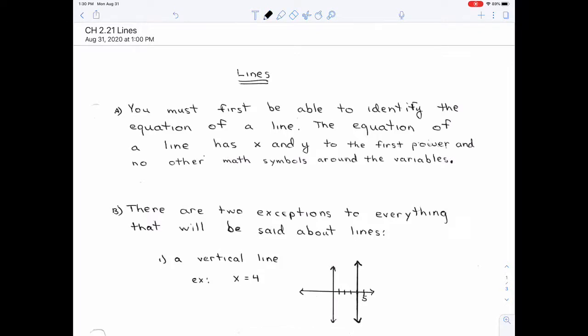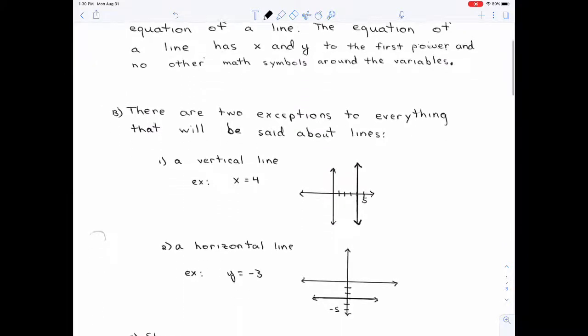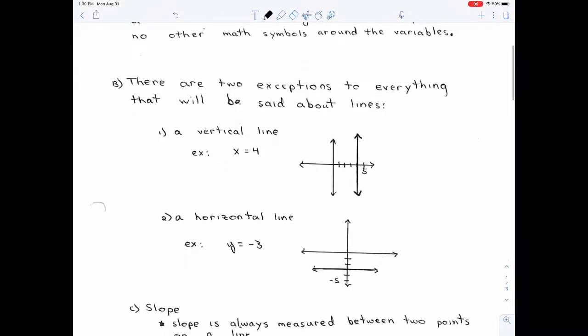Okay, before I say anything else, I want to make sure you understand something. Everything I'm going to say, everything, is going to have two exceptions to it. Those are vertical lines and horizontal lines. Every vertical line has the equation x equals some number.